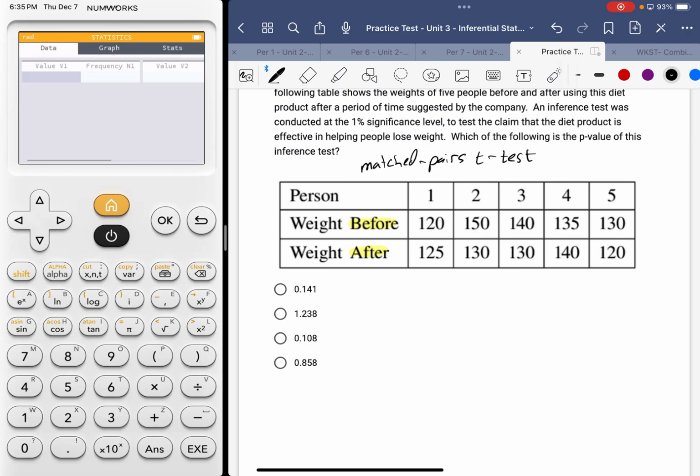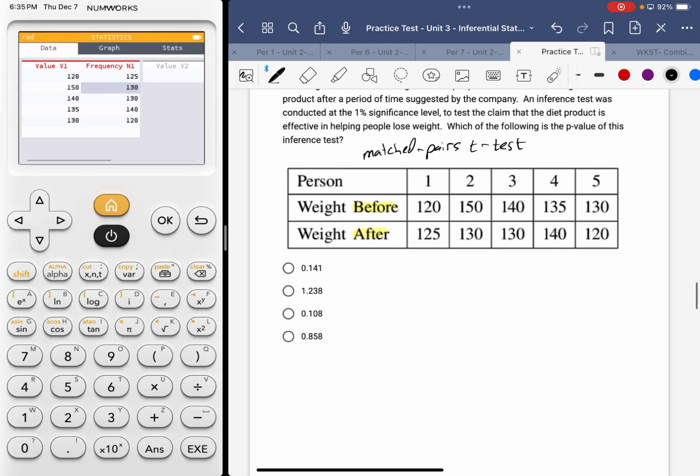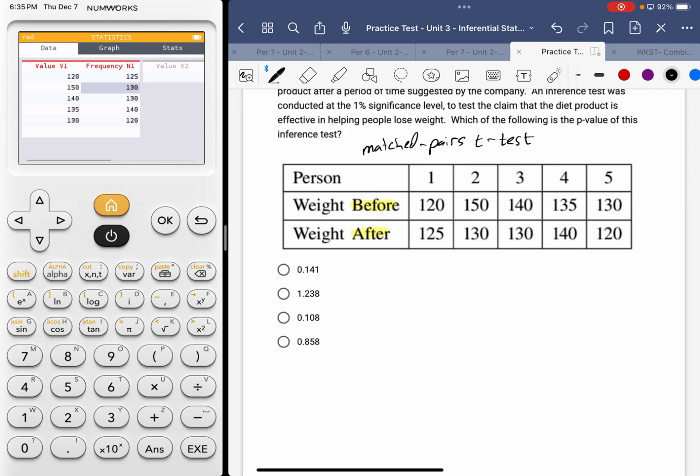So statistics, we can enter our data, 120, 150, 140, 135, and 130. Then the second column, 125, 130, 130, 140, and 120, right?